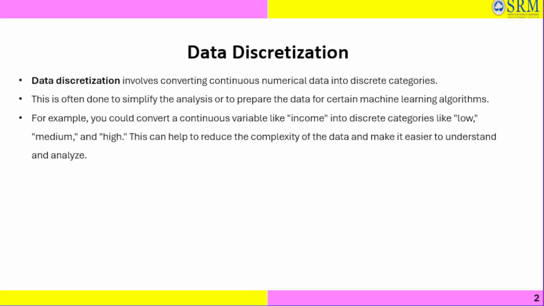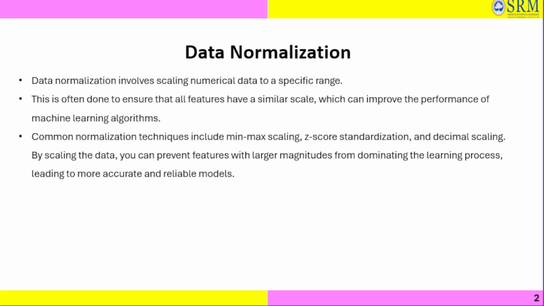Then we have data normalization, which is our last technique. It involves scaling numerical data to a specific range. This is done to ensure that all features have a similar scale, which can improve the performance of a machine learning algorithm. For example, I have salary in the range of 10,000 lakhs, and age may be in the range of 1 to 90 or 100.